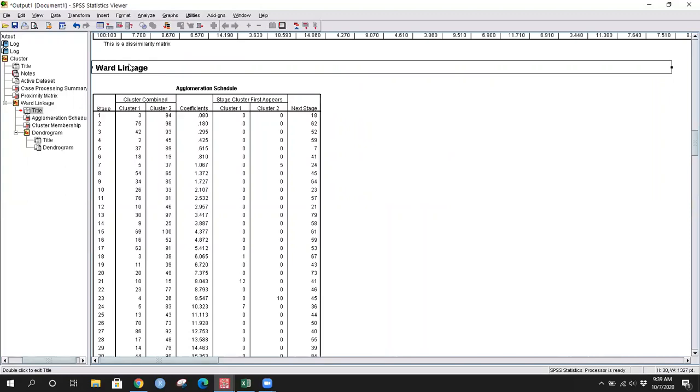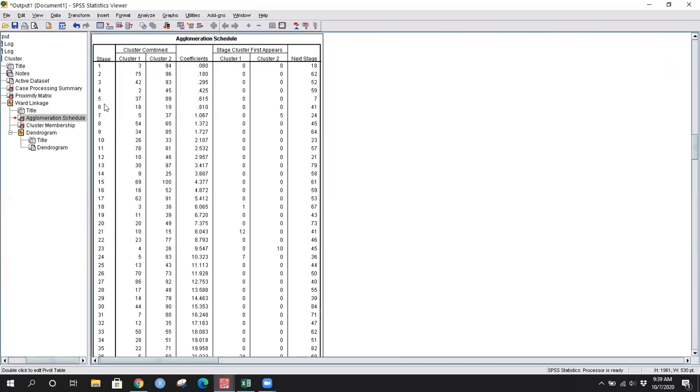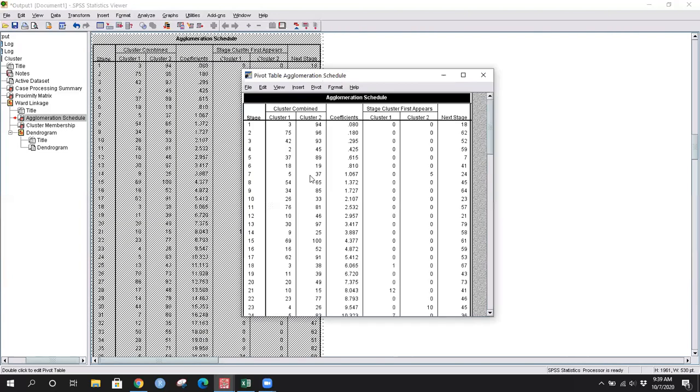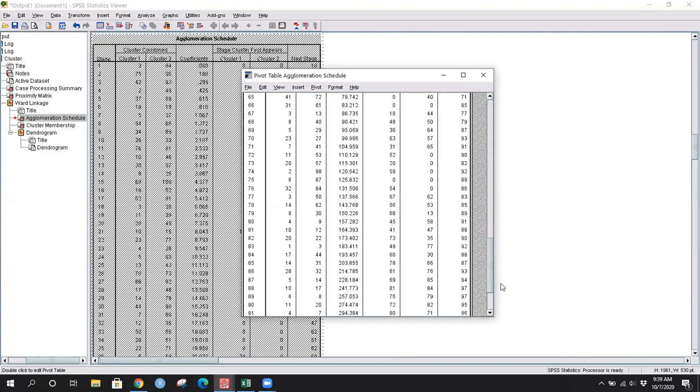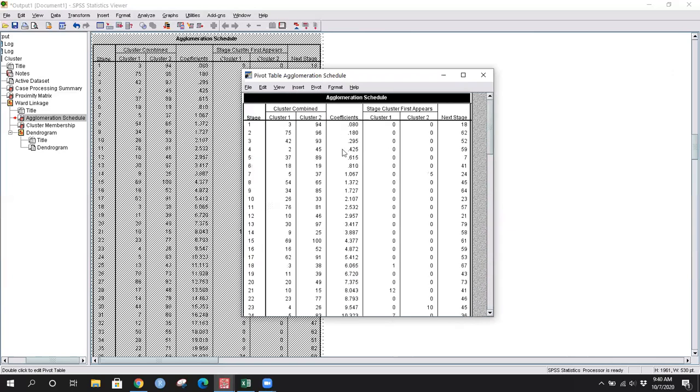To interpret this table, I'm going to take it here. It's better to double click on the output and it appears in a very good fashion. The stage column means the stage at which two cases, for example these two cases, get combined in one cluster.